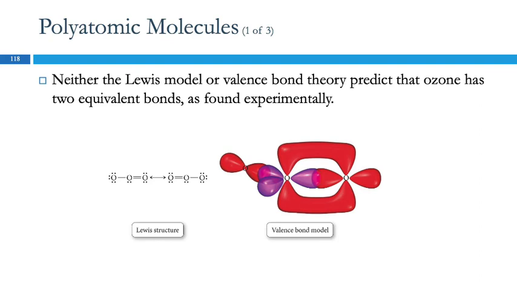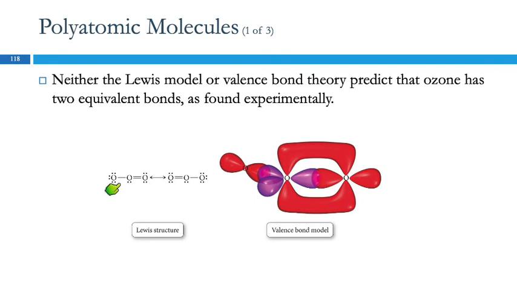So we've talked about ozone before and how the Lewis structure is tricky, right? Because it has this resonance, and so the correct structure is actually a combination of these two, a hybrid. We know from experimental information that this bond and that bond are identical, the same length, the same strength.